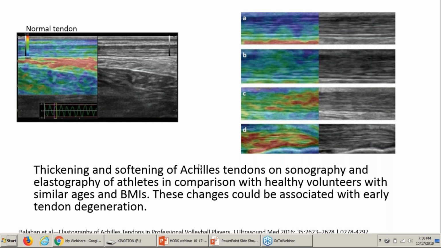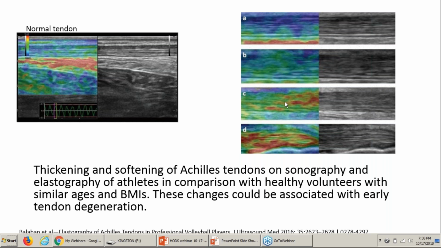So these were athletes, and they imaged the Achilles tendon of the athletes and healthy volunteers, who are not athletes, regular people, normal people of similar age and BMI. And in non-symptomatic athletes, they found some changes which are consistent with early tendinosis.